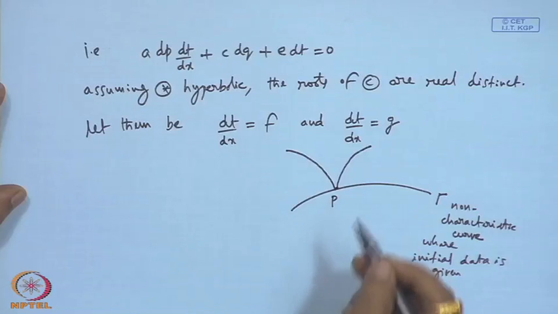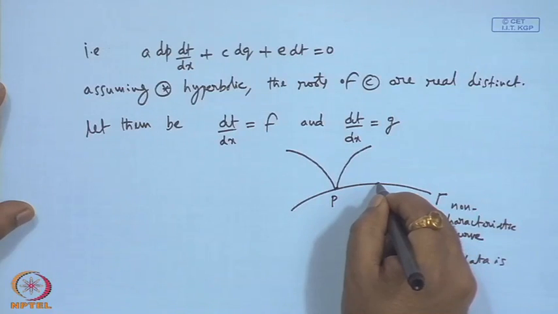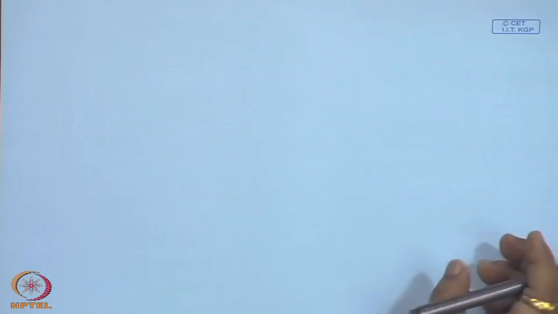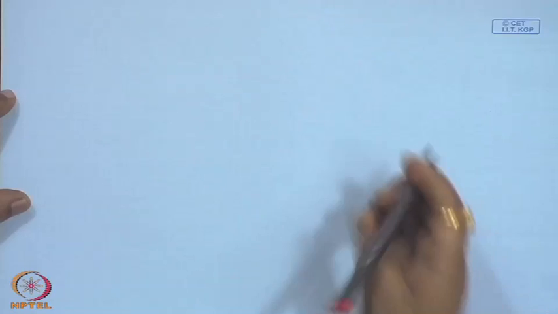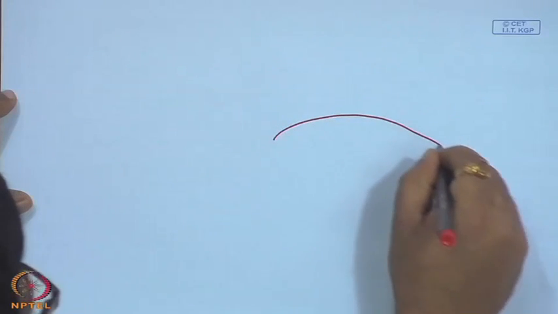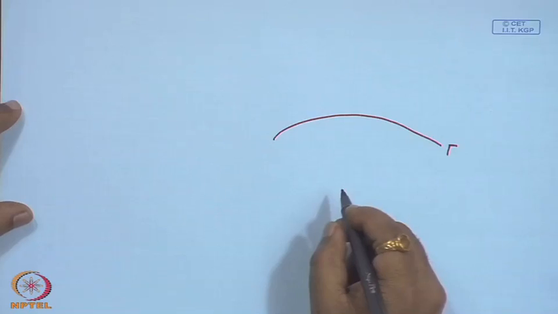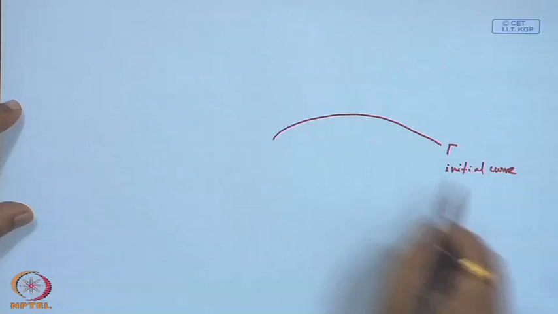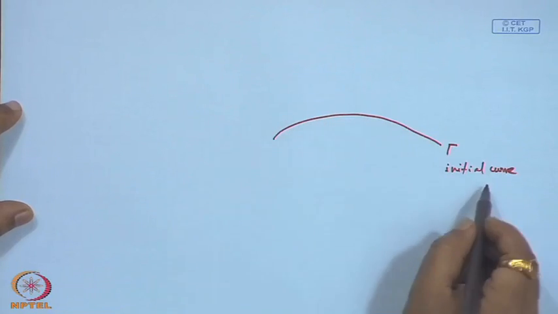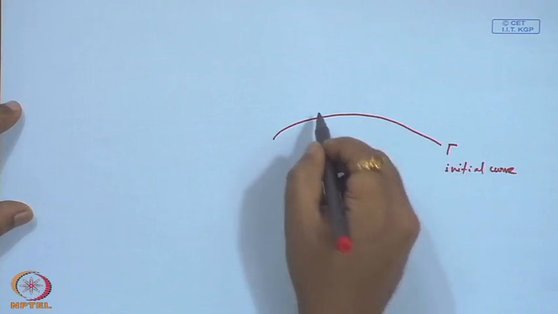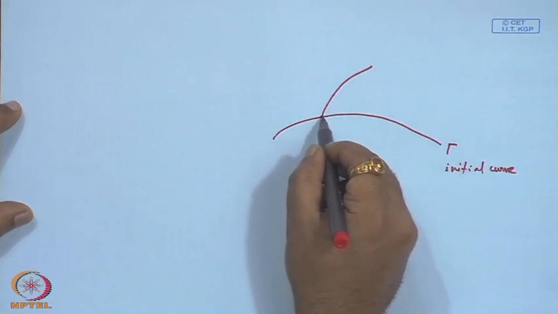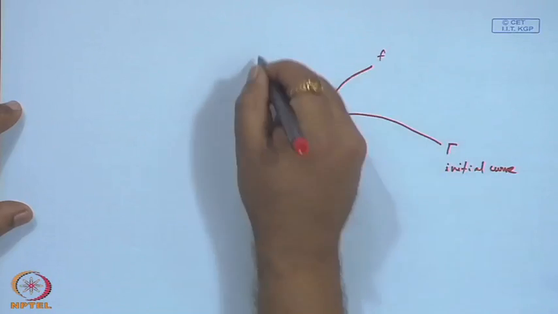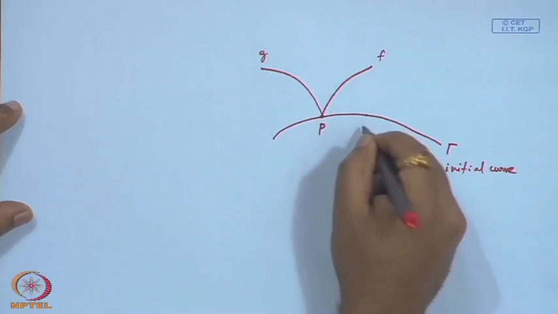So, say this is a point P. Similarly, at point Q we will have f characteristic and g characteristic.